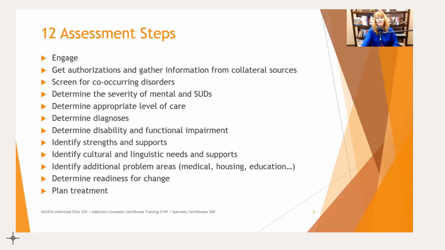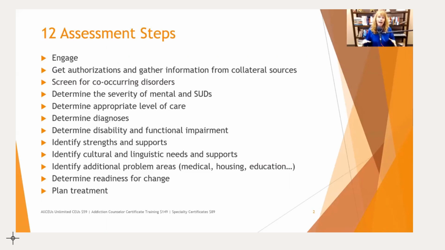Get authorizations and gather information from collateral sources: probation officers, family members, wherever you think you can get collateral information. Another good source is other treatment providers that are either currently working or have worked with the client in the past. Screen for co-occurring disorders. Determine the severity of mental and substance use disorders.